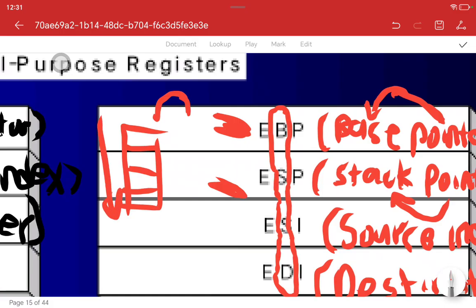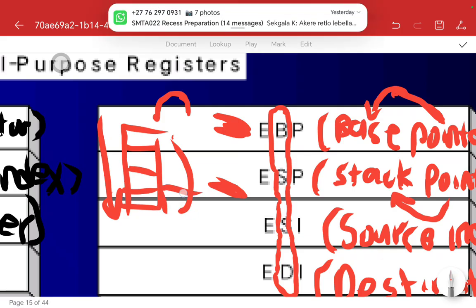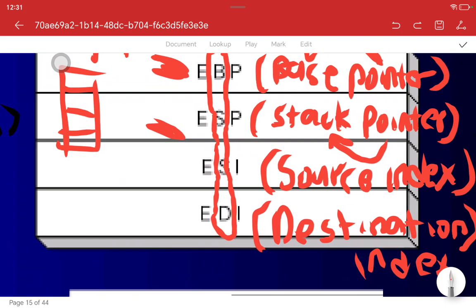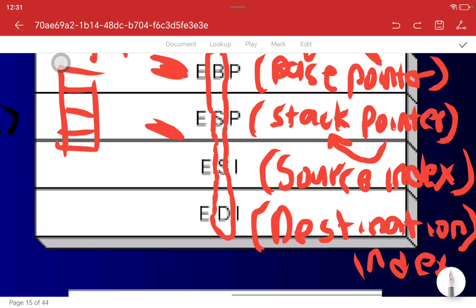Remember, if you are stacking something, these things will be coming one by one. You put a book there, you put another book, you put another book. So they are stacked in this way, moving downwards. We'll also learn how to stack. So we know now that the stack pointer points at the top of the frame, then the base pointer points at the base of the stack frame, right?